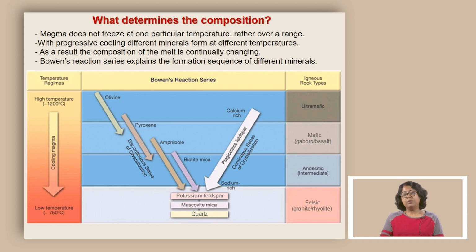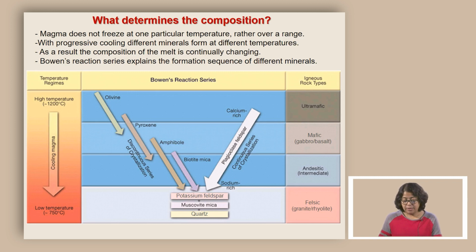The first mineral which will crystallize would be olivine, because the temperature at which it can solidify is very high. Next it will be pyroxene, next amphibole, and next mica, a specific type of mica called biotite mica. Then it will be followed by potassium feldspar, muscovite mica and quartz.